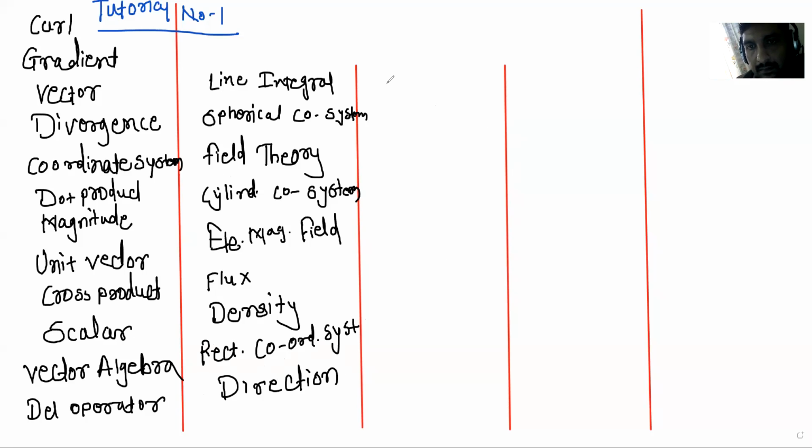Differential length. Okay. What else? Distance. Okay, distance.